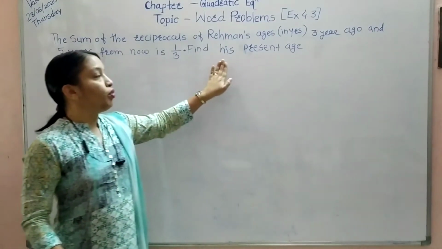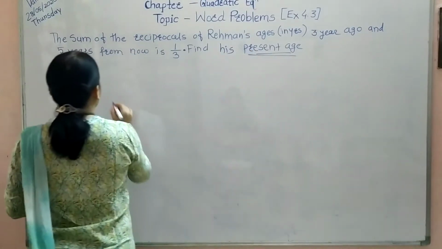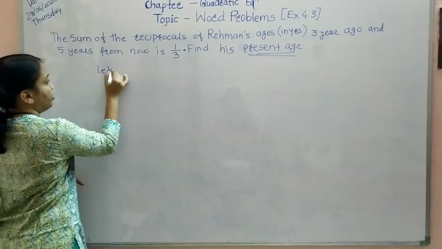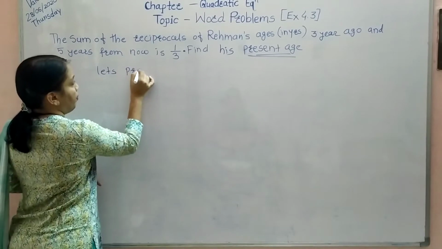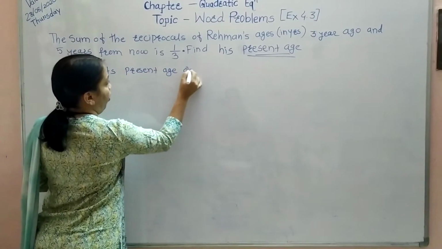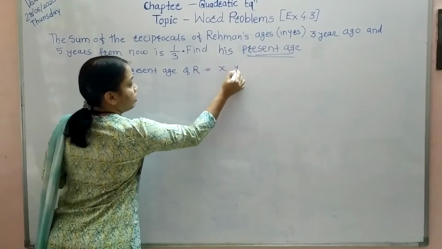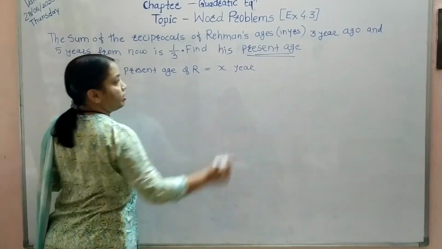Now what do you want to find? His present age. So let the present age of Rahman be x years, because we have to take the age in years.